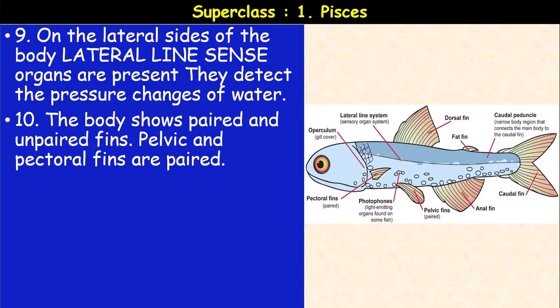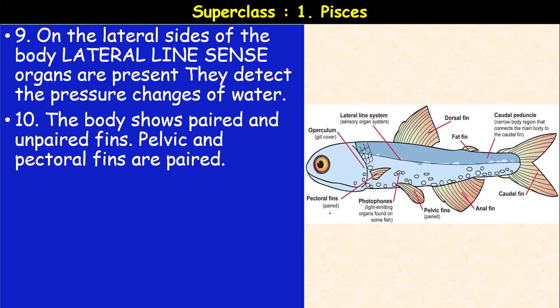The body shows paired and unpaired fins. Paired fins and unpaired fins. The paired fins are pelvic and pectoral fins. This is a pectoral fin, one on this side and another on the other side.